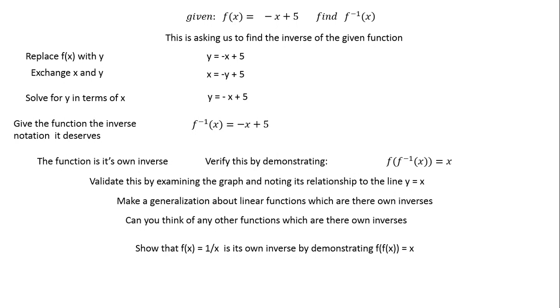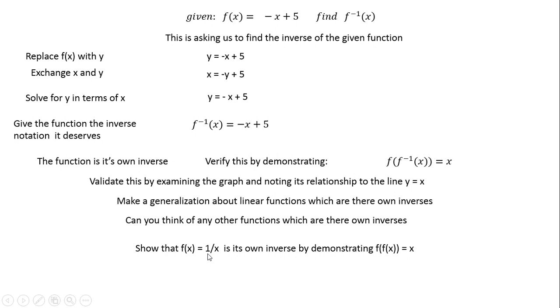You could demonstrate this by composing f of x with itself, and you should be able to do that composition and show that it yields x. And in that being the case, you have demonstrated that this function is its own inverse, because it is a reflection of itself across the line y equals x.